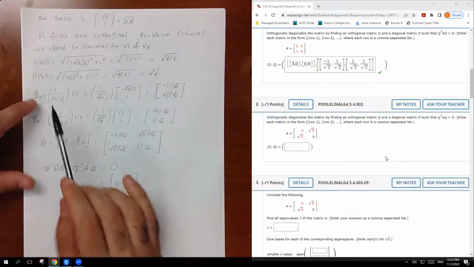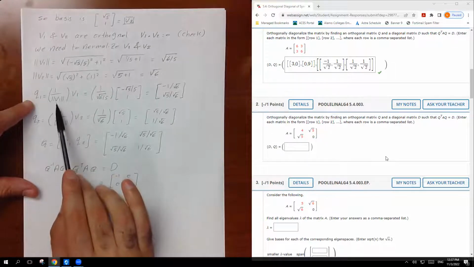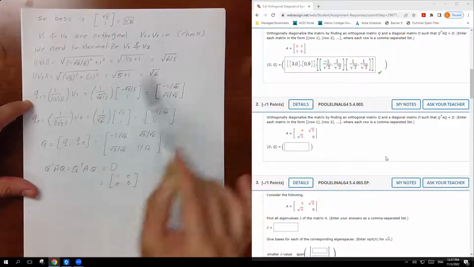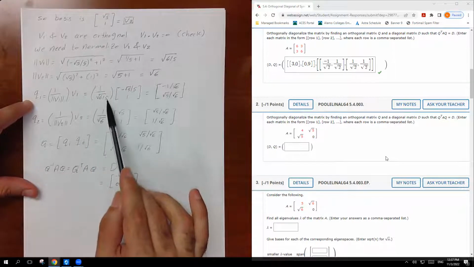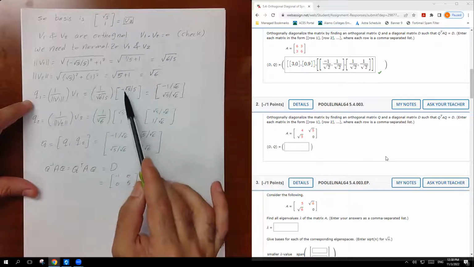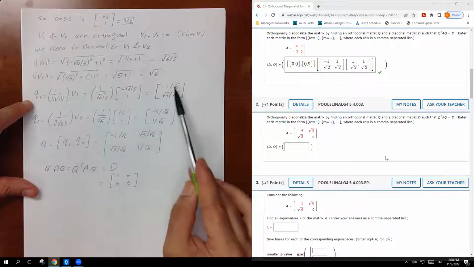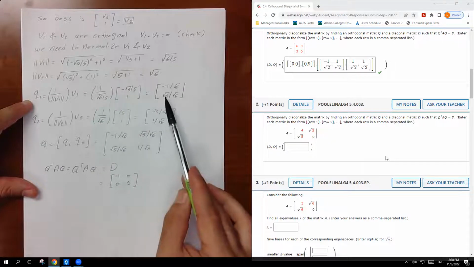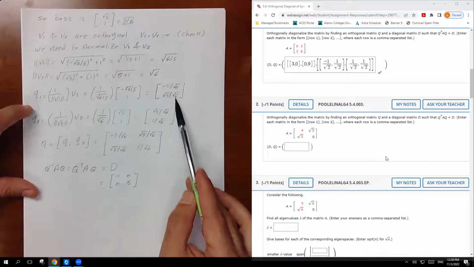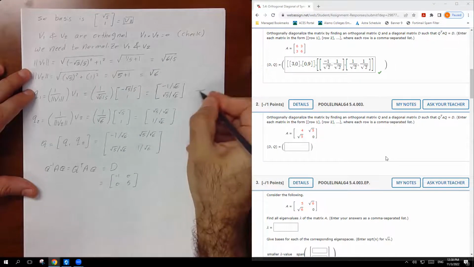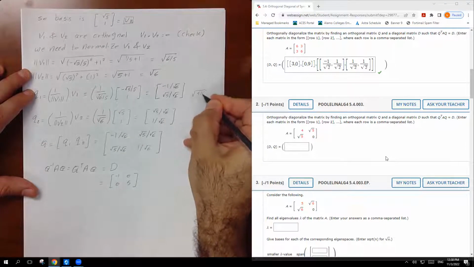Then Q1 is going to be 1 over the length of v1 times v1. 1 over the length of v1, which is square root of 6 over 5, times the first vector, negative square root of 5 over 5, and here is 1. We multiply, and it's going to be negative 1 over square root of 6, and the second one is going to be square root of 5 over square root of 6. You can type it like this, or you can type it as just square root of 5 over 6.